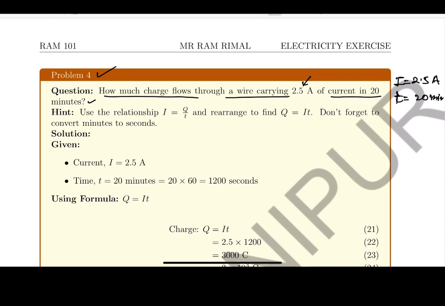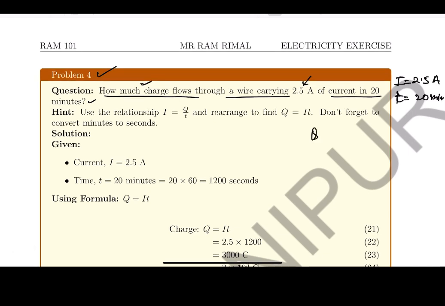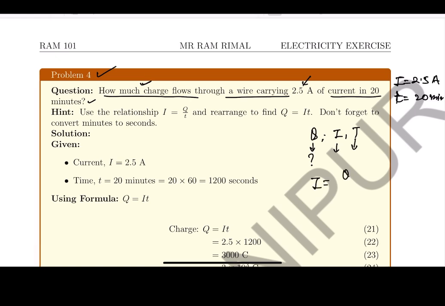Now, how much charge? So they are asking us Q. Q they are asking us, I given, T given. So we have the formula I is equal to Q by T. Now we need to find out Q. So Q will be equal to, T will go here, it will become I T. So Q is equal to I T.